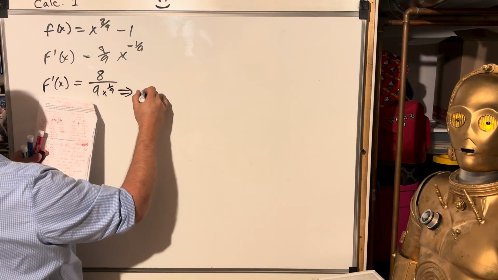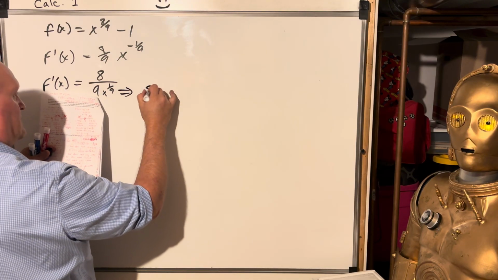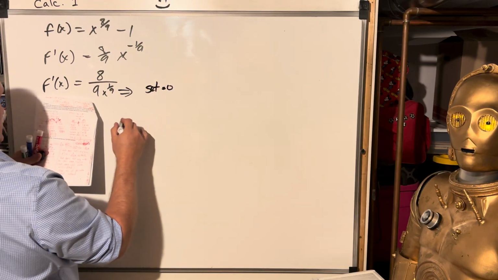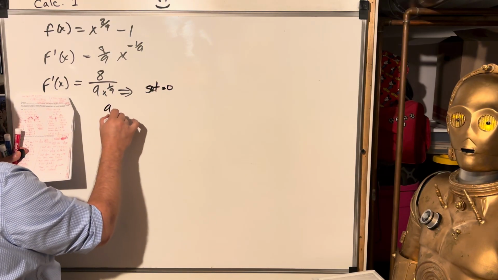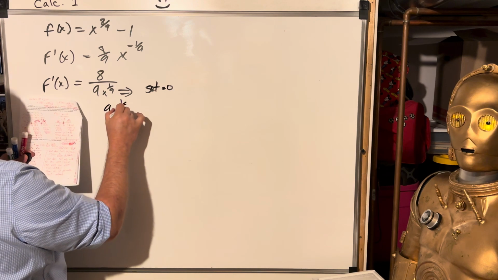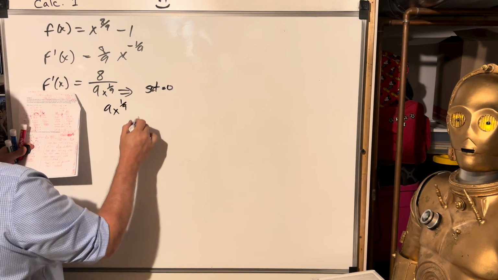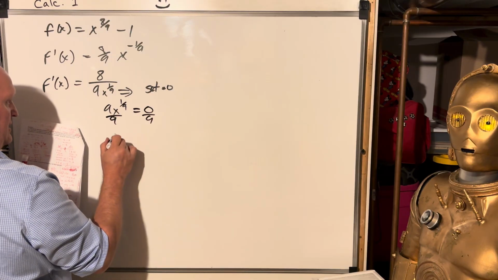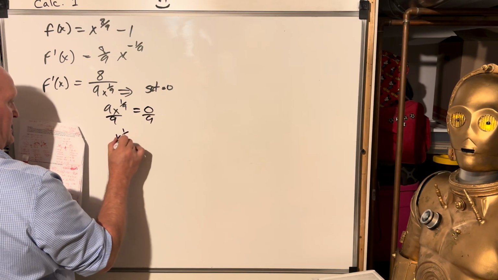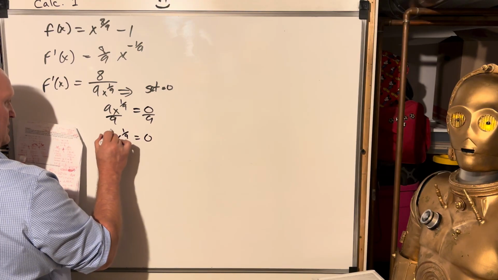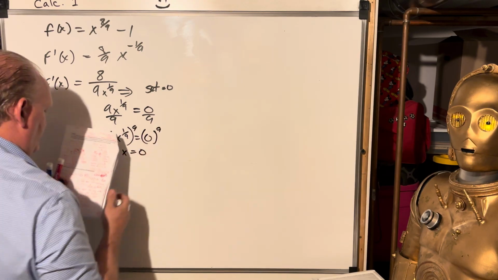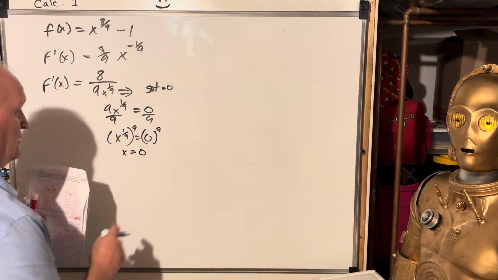Find the asymptote. So we have 9x to the 1/9 is equal to 0. And so you can divide out the 9 and take it to the 9th power. And x equals 0. That is a critical number.